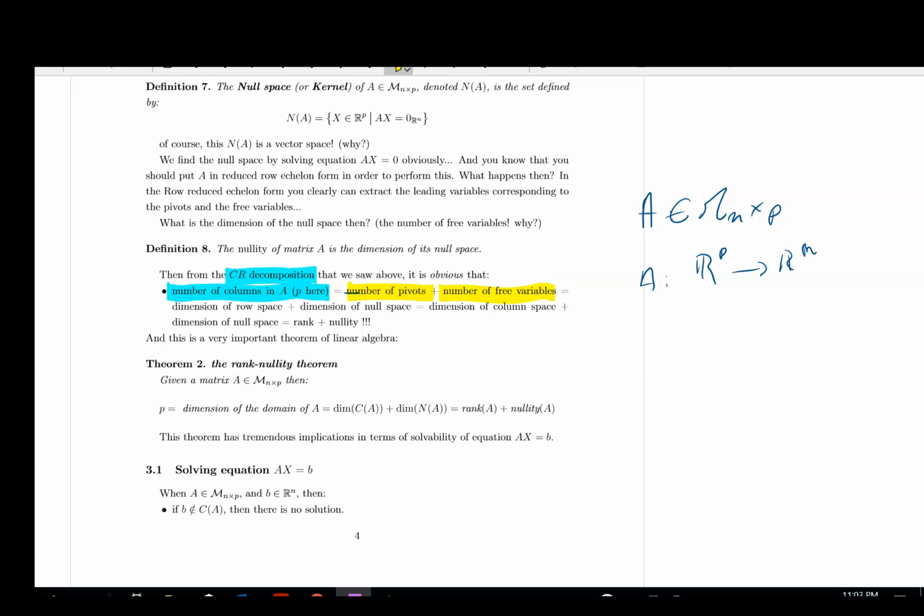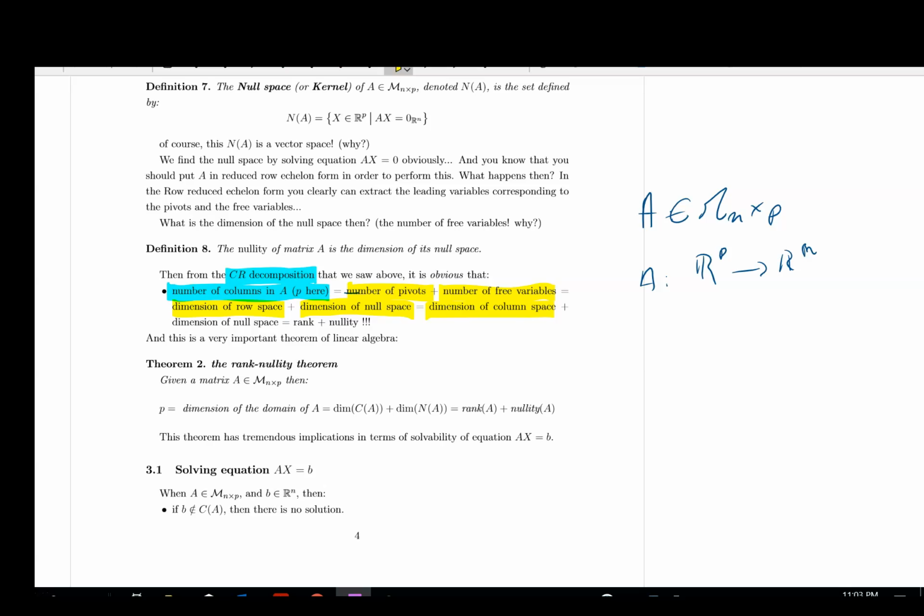So now we are able to interpret this in terms of dimension of spaces. That's the dimension of the row space, the number of pivot rows, and the remaining rows in your matrix give the dimension of the null space. We saw that the dimension of the row space was equal to the dimension of the column space.